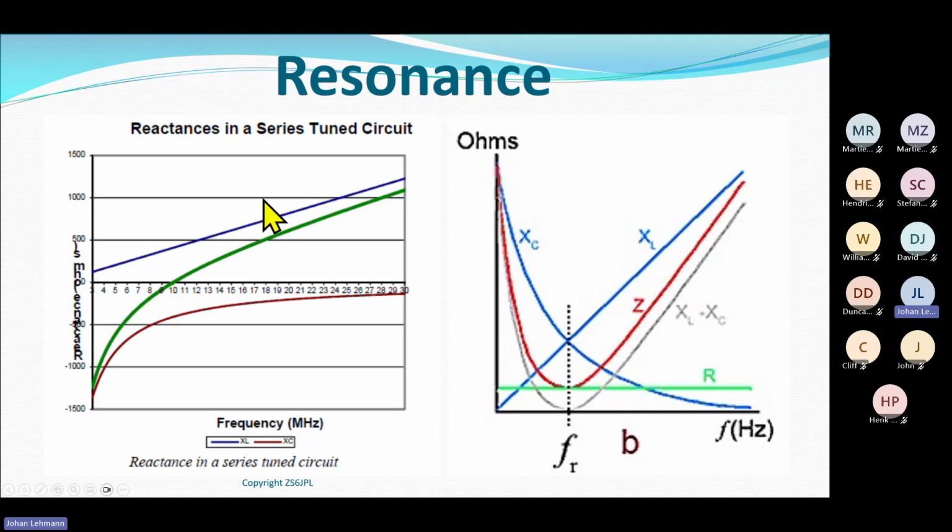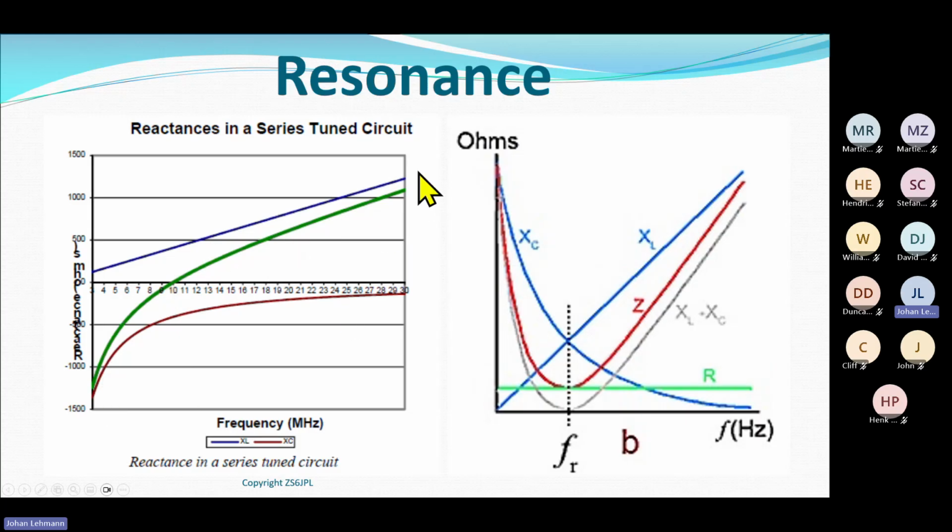Now at resonance, we said XL and XC are equal. So if we look at this circuit, resonance is roughly at about 10 megahertz. That's the value where XL and XC are equal, so the resultant reactance would be 0 ohms. Okay, so we can clearly see it.